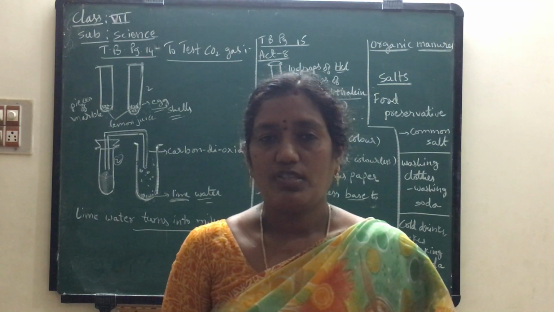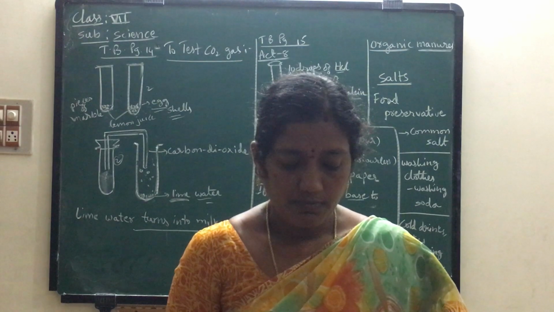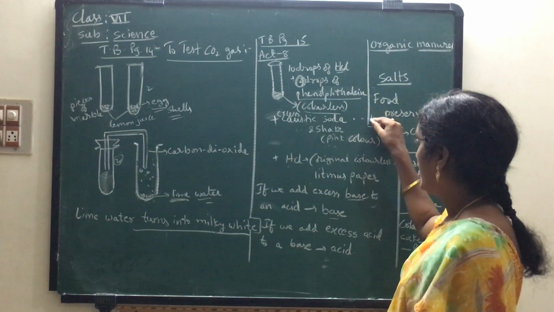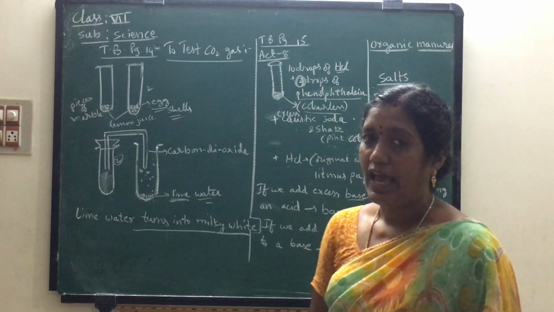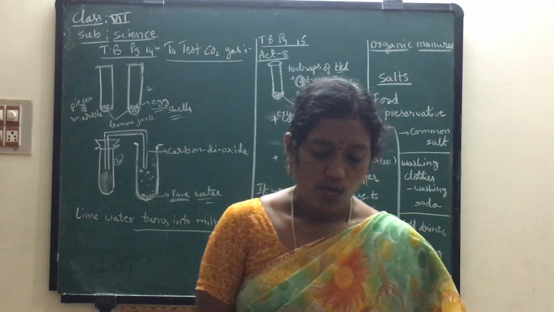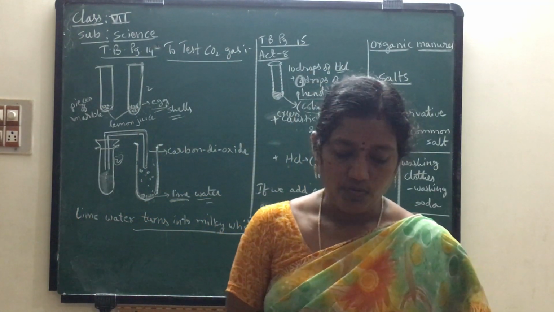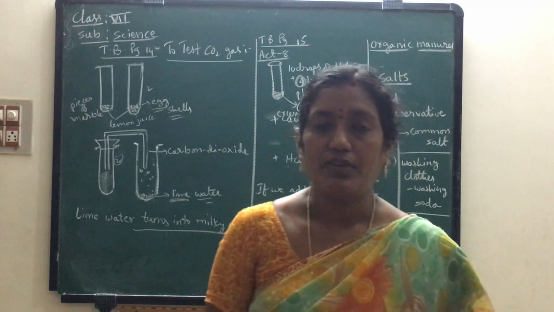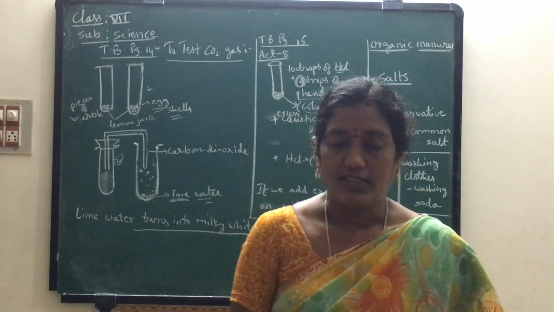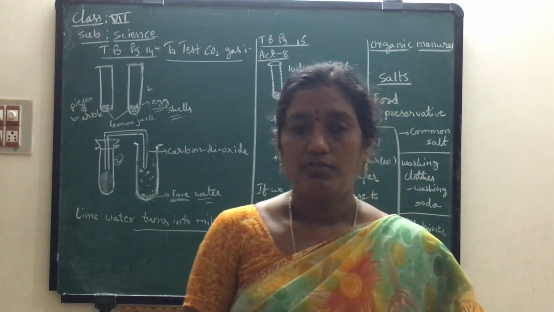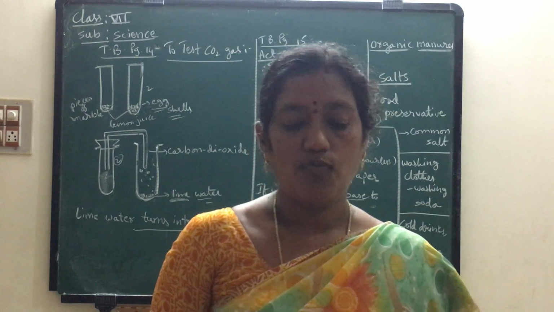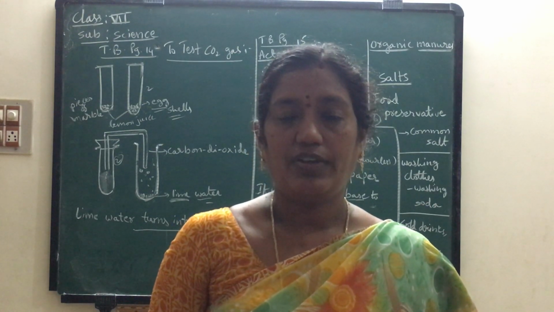What is the use of these salts, children? In your textbook, page number 16, you have a table. You see, children, acids: preparation of pickles. For the preparation of pickles, we use acetic acid. In all the pickles we use acetic acid, children, and for the preparation of pulihora we use citric acid.